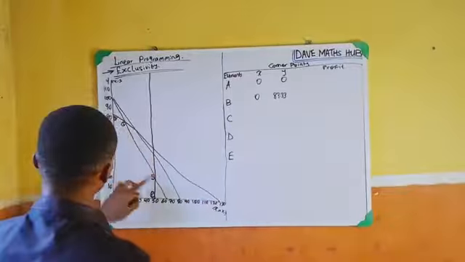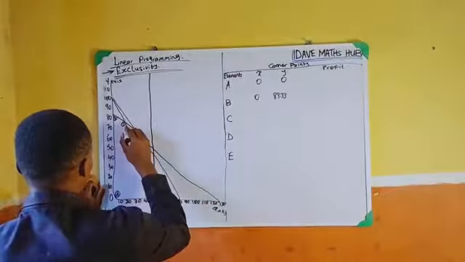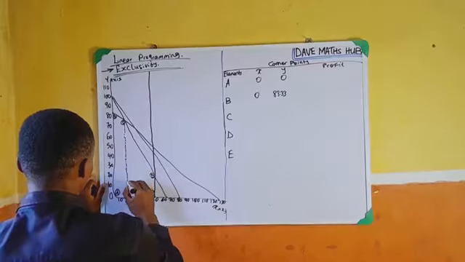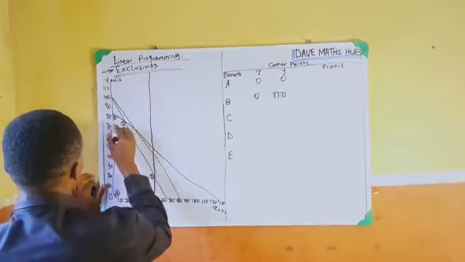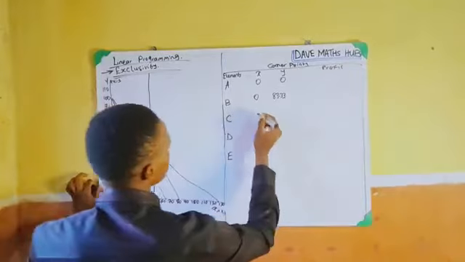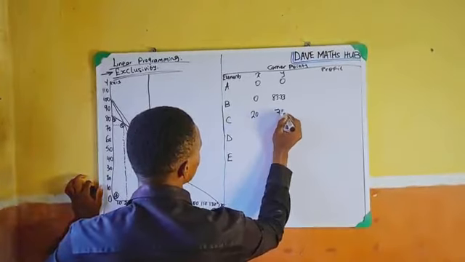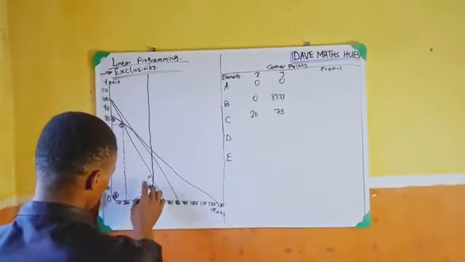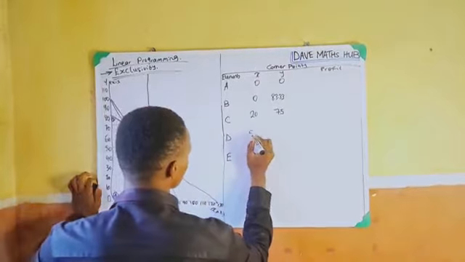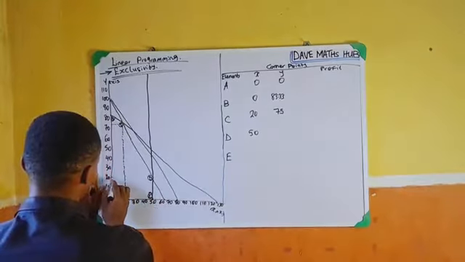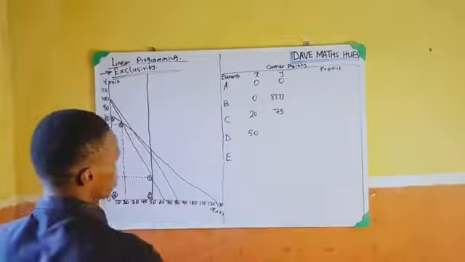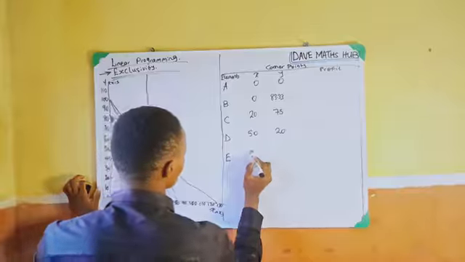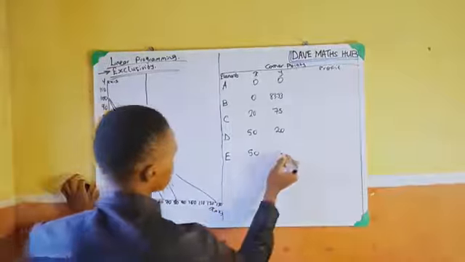For C, it is neither touching any of them, so draw a dotted line to 20, 75. For D, now it is at 50, which stretches down for x, and at 0 for y. E is at 50, then 0.